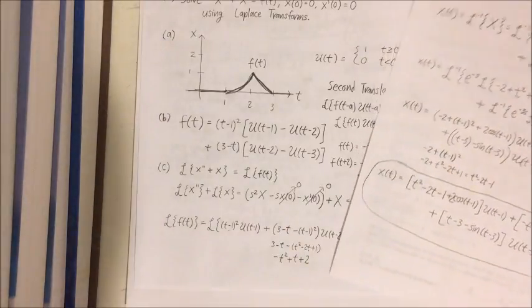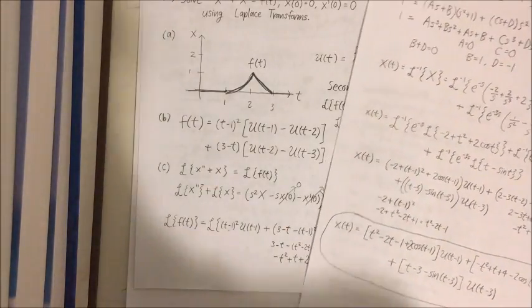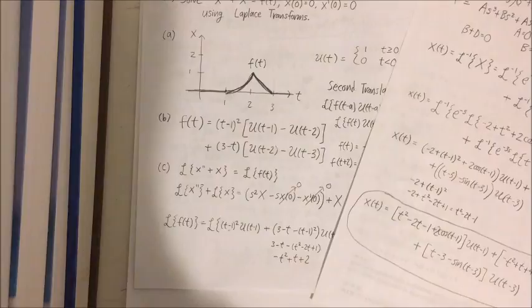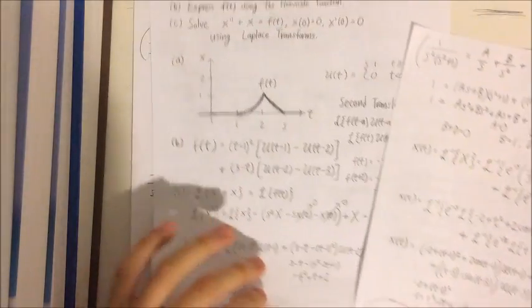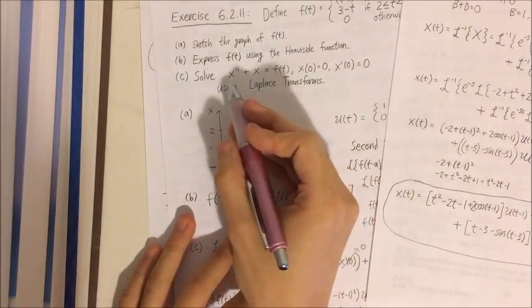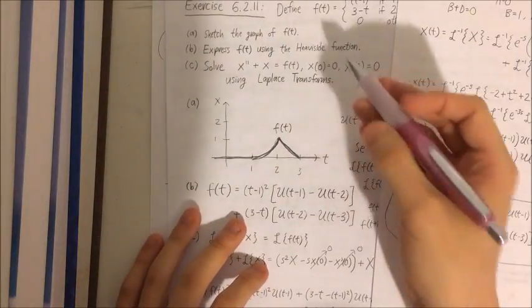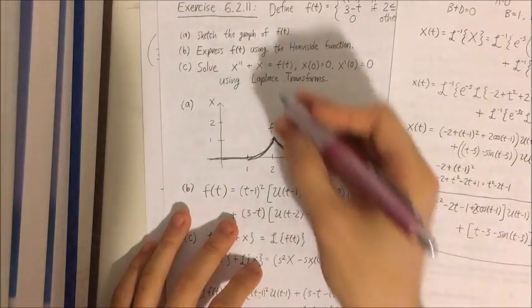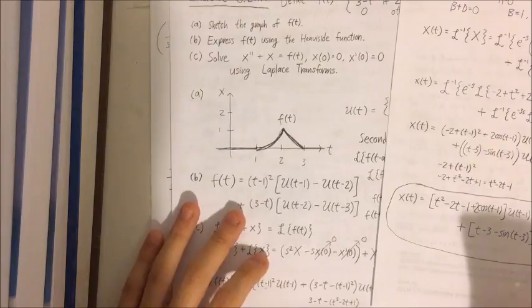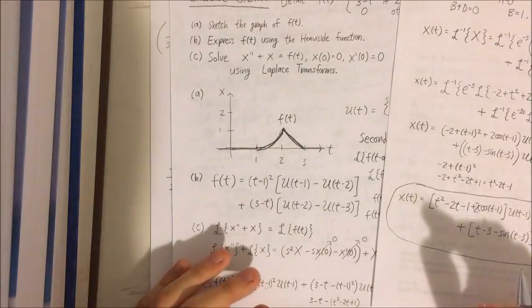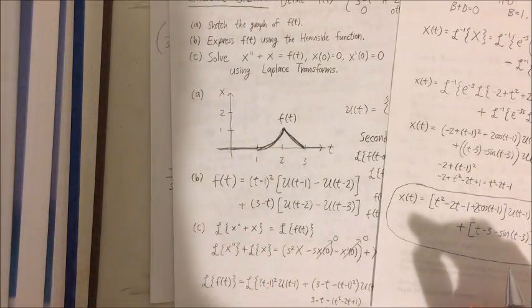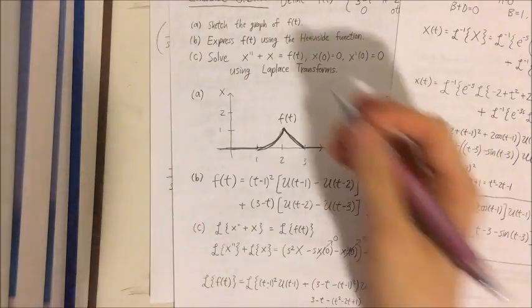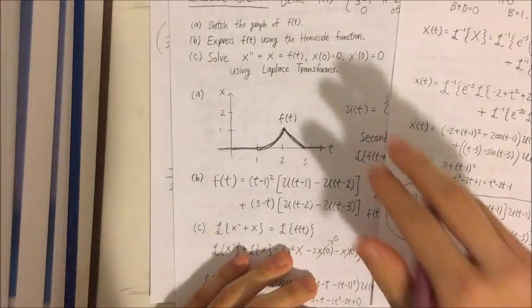And just as a little bonus, now that we've already spent so much time, let's give this a little bit of intuition. Let's say that this function over here, x double prime plus x is equal to f of t. We can say that this models a mass spring problem, or an RLC circuit problem, where f of t is a forcing function.